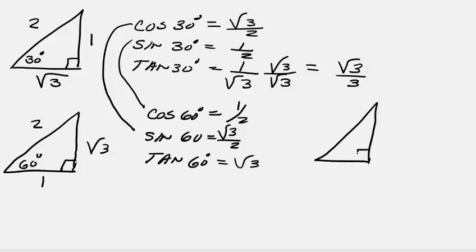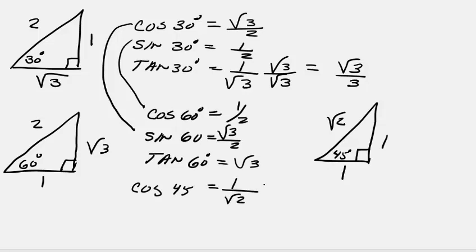Again, if you've done the unit circle, you can validate that each one of these is true. The ratios to know with a 45 are 1, 1, the square root of 2, where the hypotenuse is here. If we write those down, this is the 45 degree. So what do we know about this? The cosine of 45 degrees is adjacent over hypotenuse, 1 over the square root of 2.